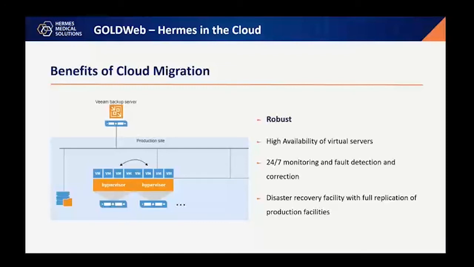The hypervisor layer can monitor the underlying hardware, and by abstracting the server away from the hardware, any faults detected on the base hardware can lead to an automatic move of the server to another piece of hardware in the data center.